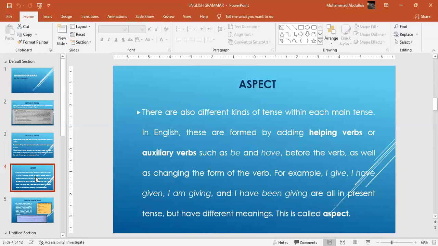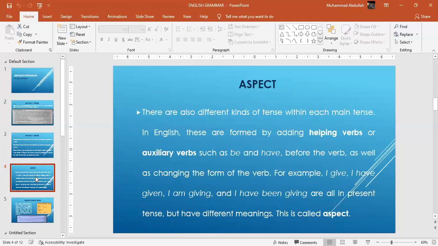There are different kinds of tenses within each main tense. For example, in present tense, we have 4 different kinds of tenses: present simple, present progressive, present perfect, and present perfect progressive. These 4 are true about other tenses.